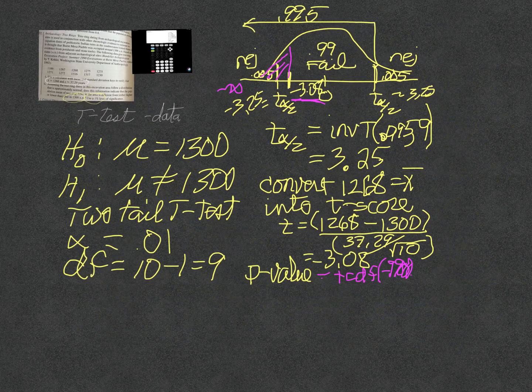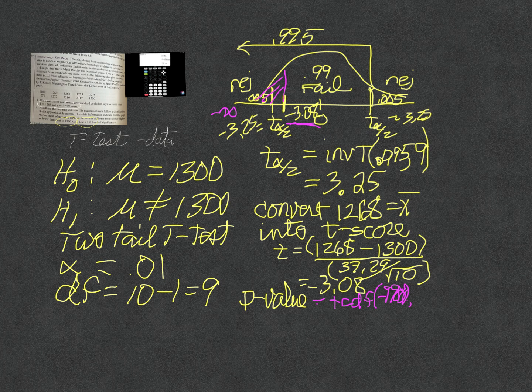Let me shrink this up just a bit. Comma, negative 3.08, comma, degrees of freedom on the t-CDF. All right, let's go calculate it and check.